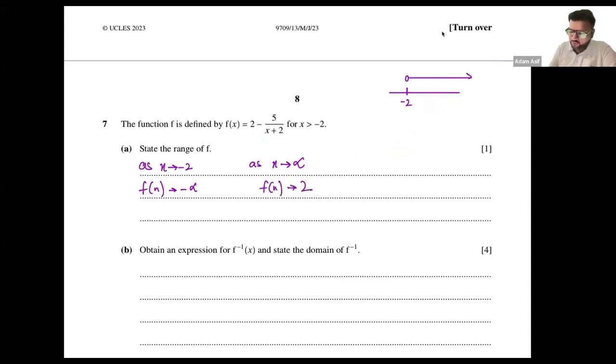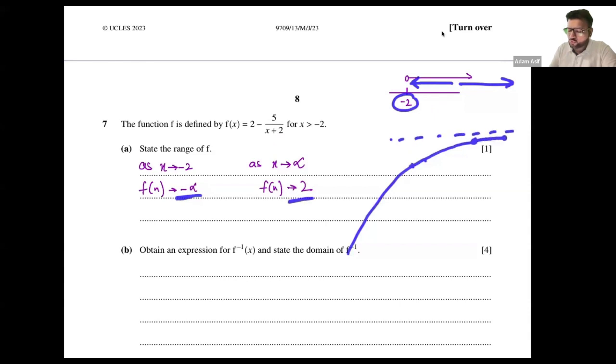Now, if you are moving close to -2, your value is going towards negative infinity. If your x value is going towards positive infinity, the value is reaching a ceiling of 2. The highest value would be 2. So it's approaching 2. So what's going to be the range?